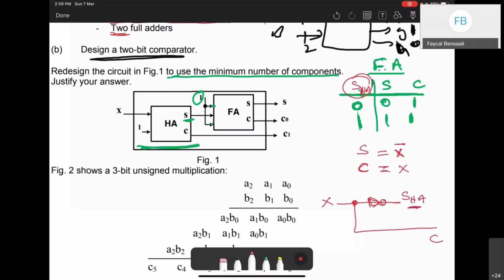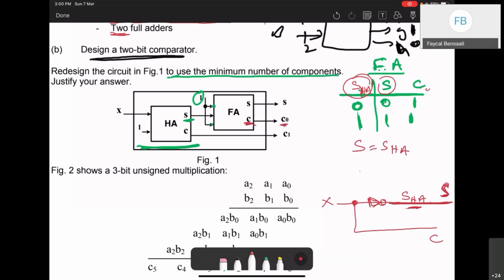So what is the S for the full adder? The same as S for the half adder. S is equal to SHA, so it's the same. So this can go to the final S, right? And then what is C? This is 1. C is the C0 basically, right?